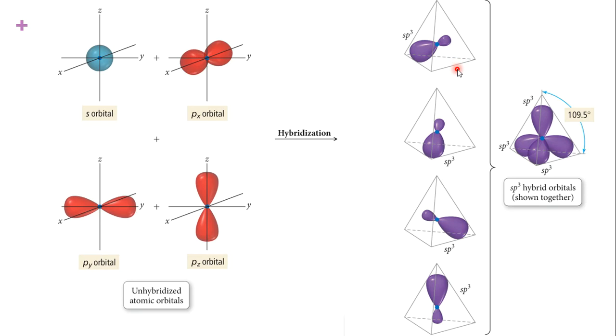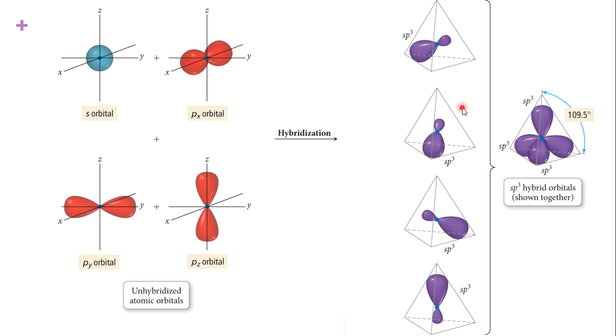Okay? When these hybrid orbitals come together, so when they superimpose or stack on each other, they're going to do so in a very particular manner. So this should start to look familiar. They're all going to face their little lobes in, right, and face their big lobes out. They want to maximize overlap, so they're going to put the big lobe on the outside. When they do that, they're going to try to get these lobes as far away from each other as they can possibly get.